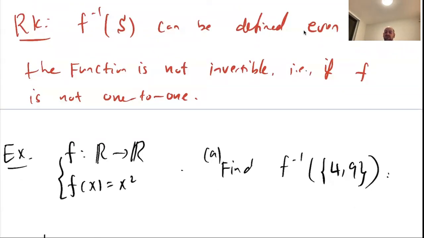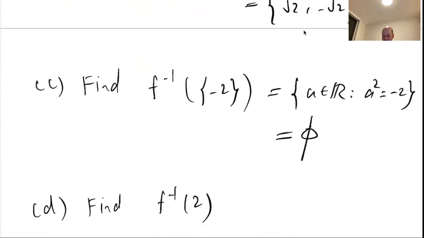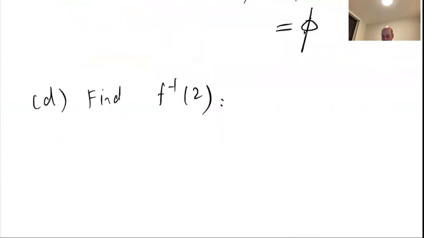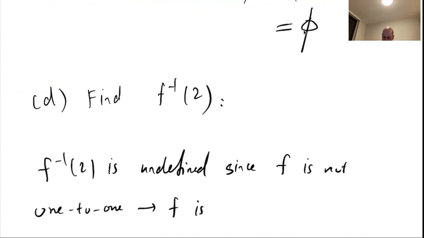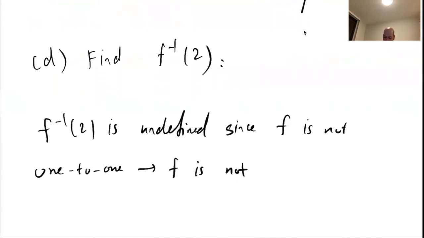Therefore, f inverse does not exist. And therefore, f inverse of the number 2 is undefined, since f is not 1-to-1. That means f is not invertible. That means f inverse of 2 is undefined.